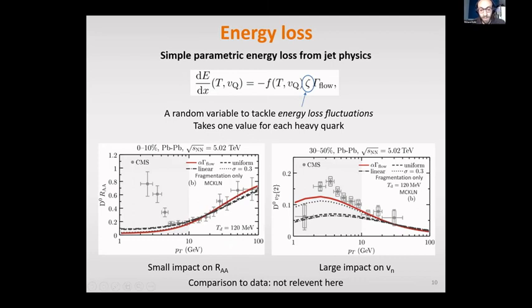What we observe, including these effects, is that it has a small impact on the nuclear modification factor, but it has a large impact on the Vn, and it tends to quite lower the V2 and V3 at low and intermediate PT, which was not quite relevant within our model as compared to the data. So we decided, at the end, to not include the energy loss fluctuations in our modelization.